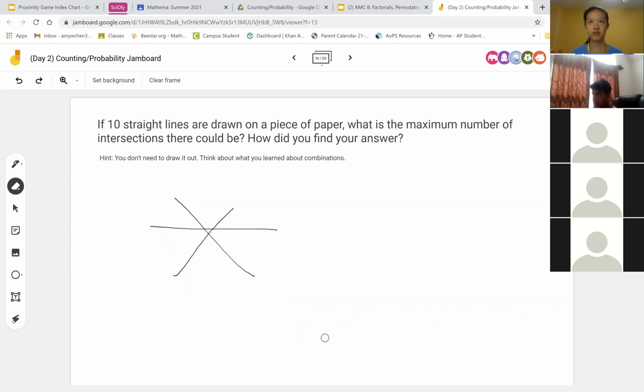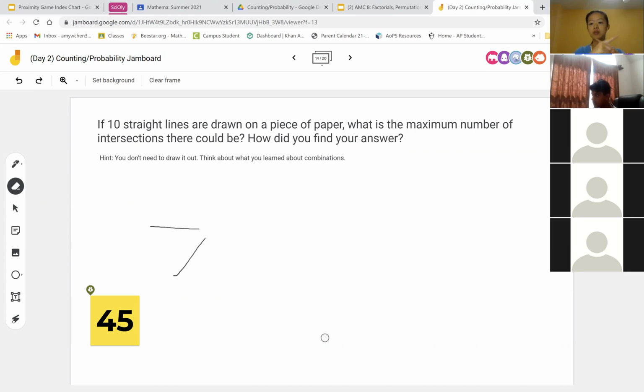So again, we are trying to maximize the possible number of intersections. The least number of intersections is if every line is parallel and no line intersects any other line, right? The maximum number of intersections would only occur if every line intersects every single other line.